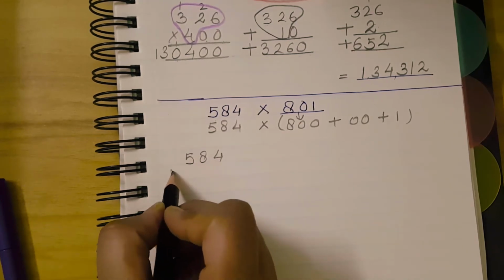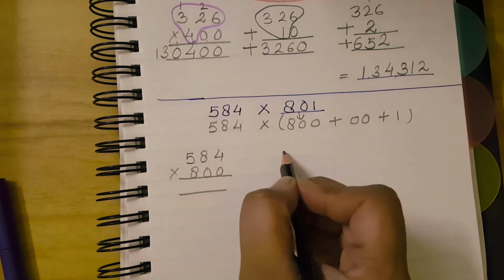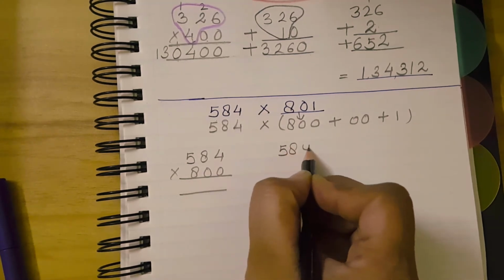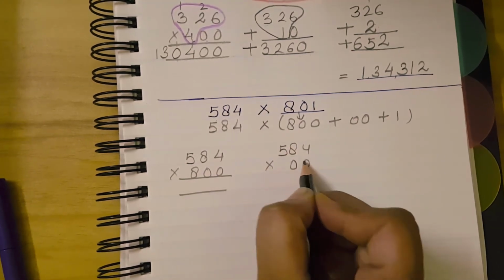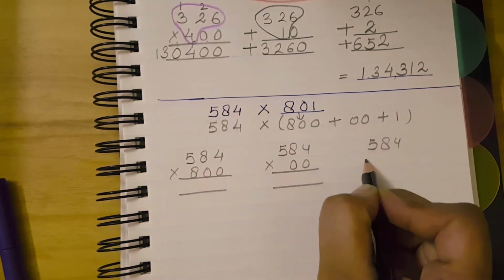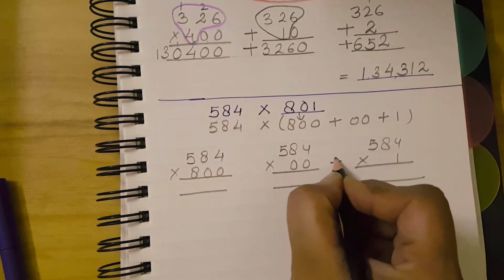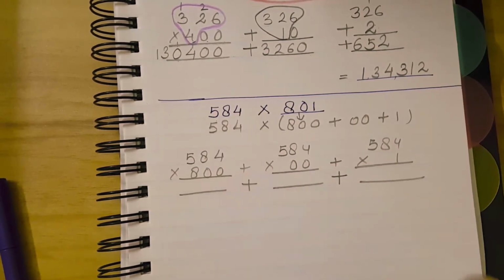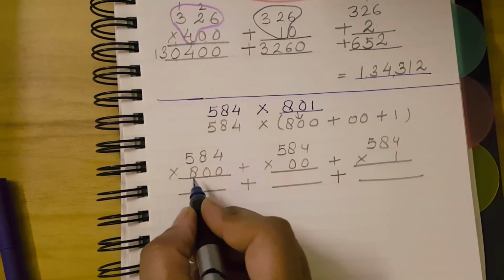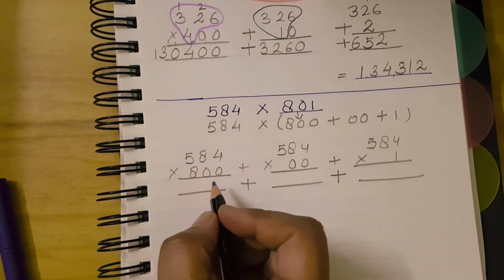I am going to write vertically so that you can easily understand. 584 is multiplied with 00. 584 is multiplied with 1, and all are expanded form, so here we'll add these. Okay, so your answer is, okay, 8 times 4, 32.